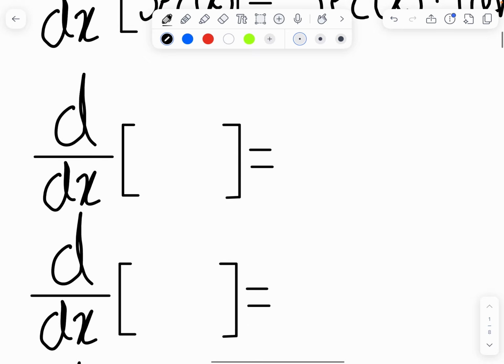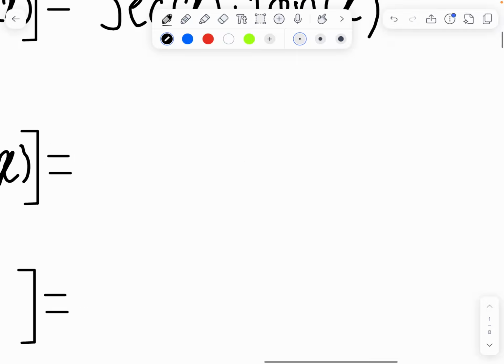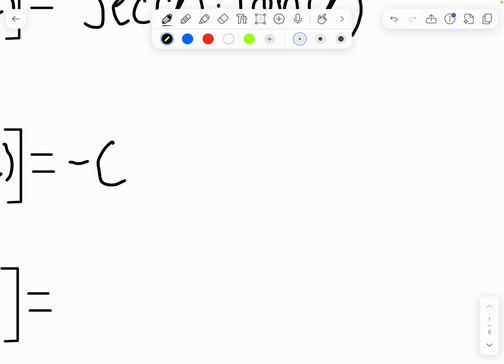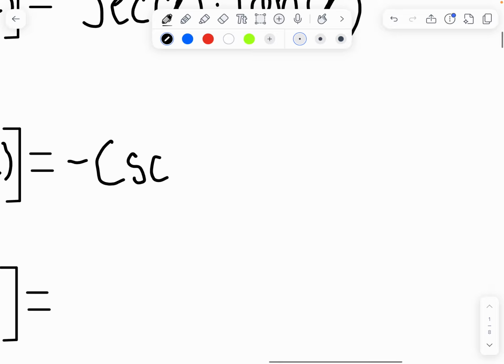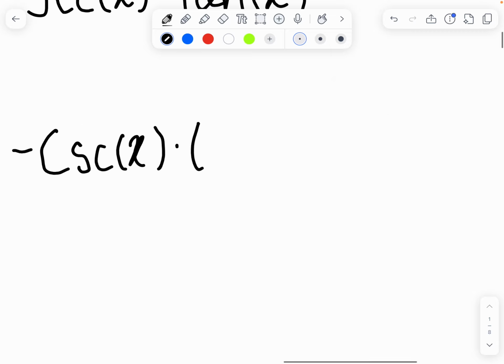The derivative of cosecant x is equal to negative cosecant x multiplied by cot x.